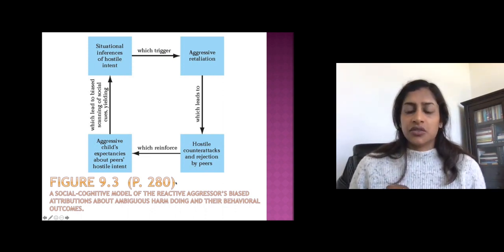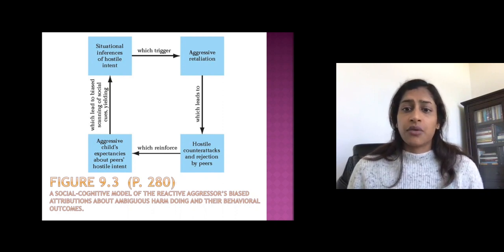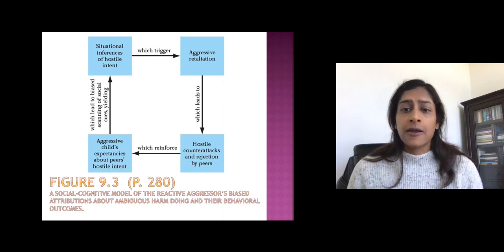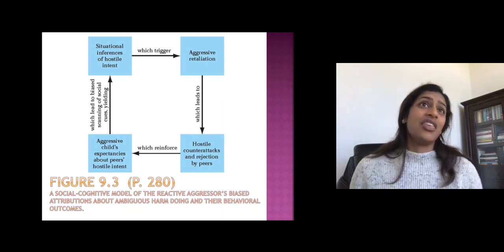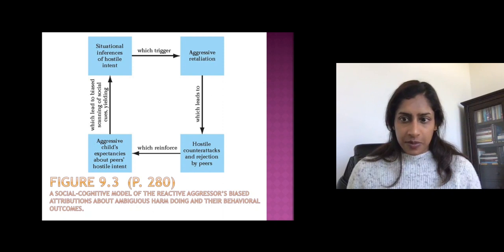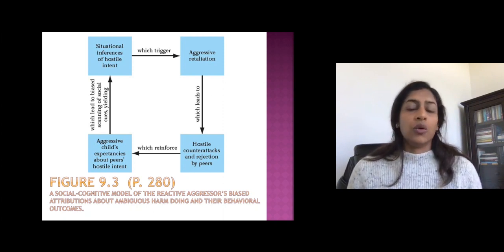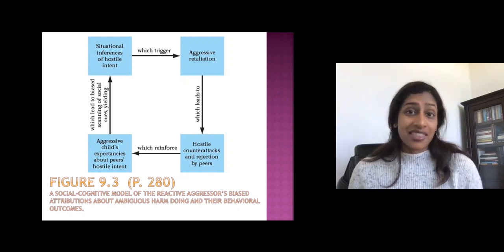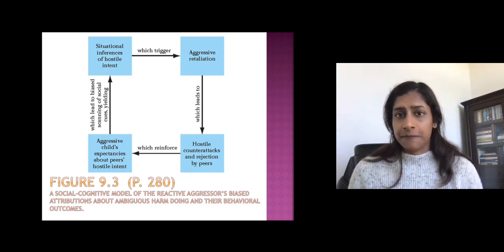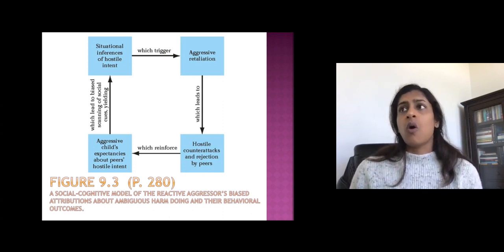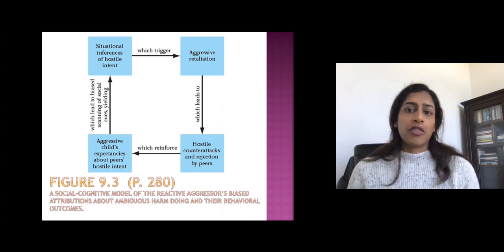Not only does research consistently indicate that reactive aggressors over-attribute hostile intent to peers, but by virtue of their own hostile retaliation, these same children will have many negative experiences, with teachers and with peers, and these teachers and peers dislike them because of the behavior that they're evidencing. But ultimately, it's reinforcing what these kids are expecting from other people.